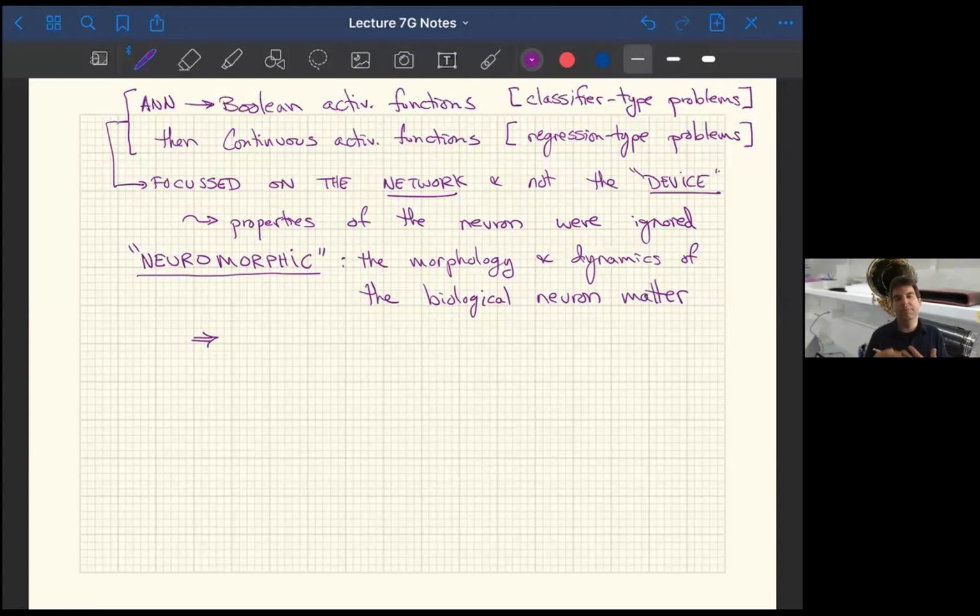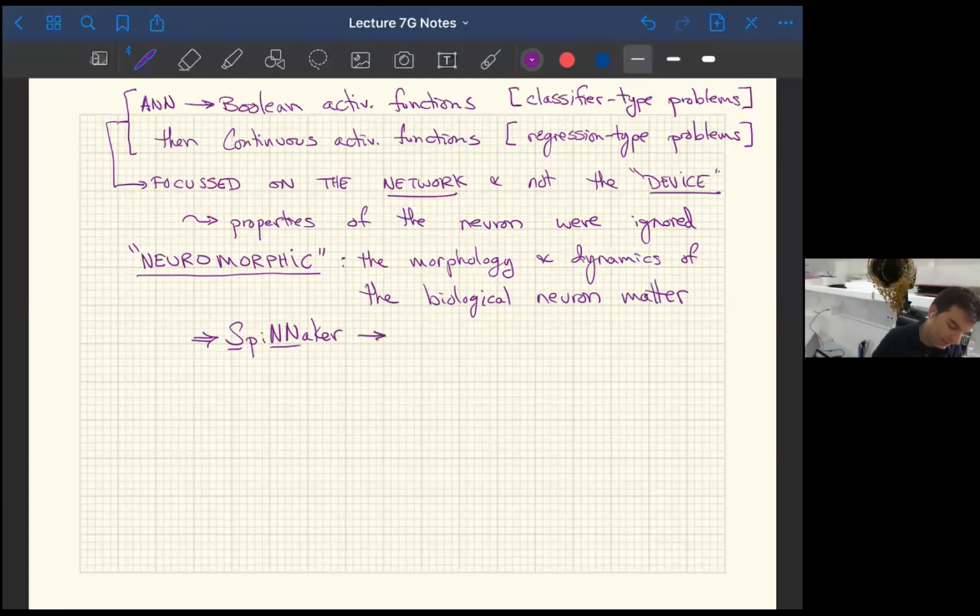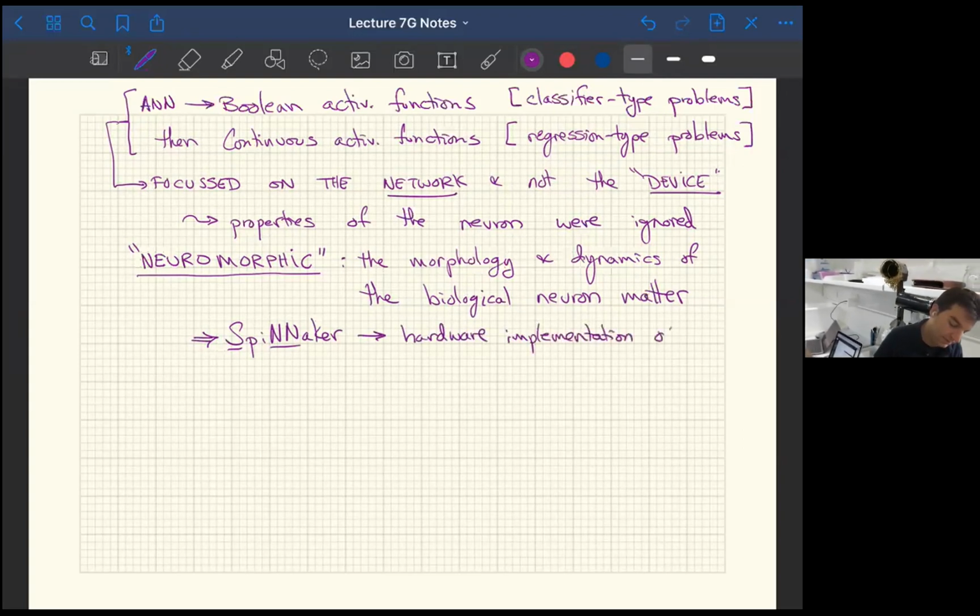Things started to get a little more serious at smaller scale with projects like a framework called SpiNNaker, which, notice the S and N, was a hardware implementation of spiking neural networks.